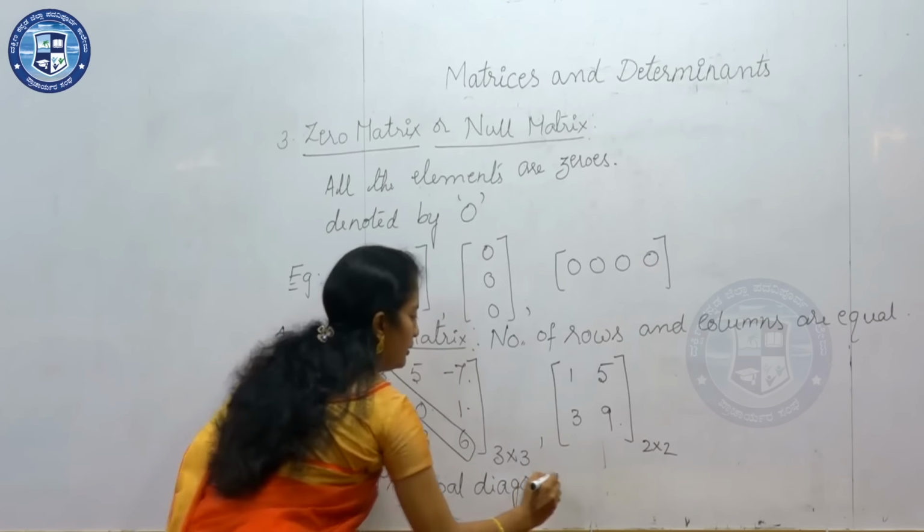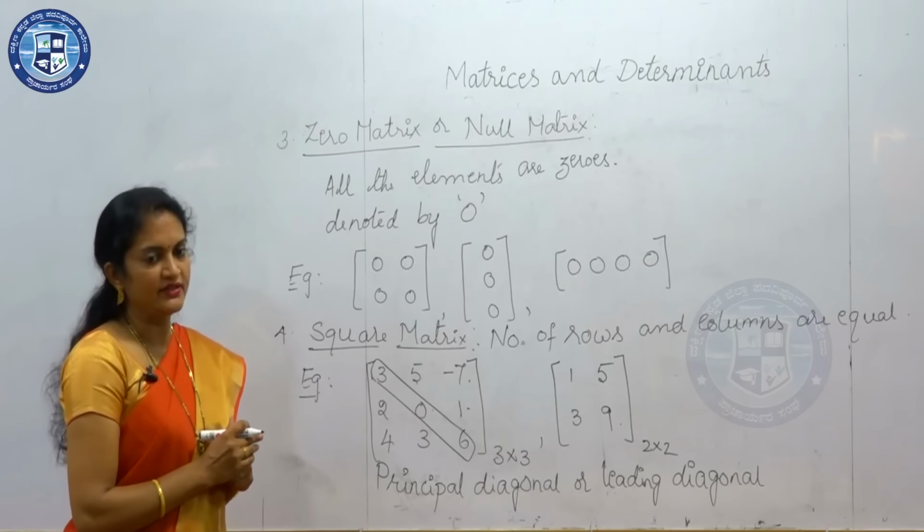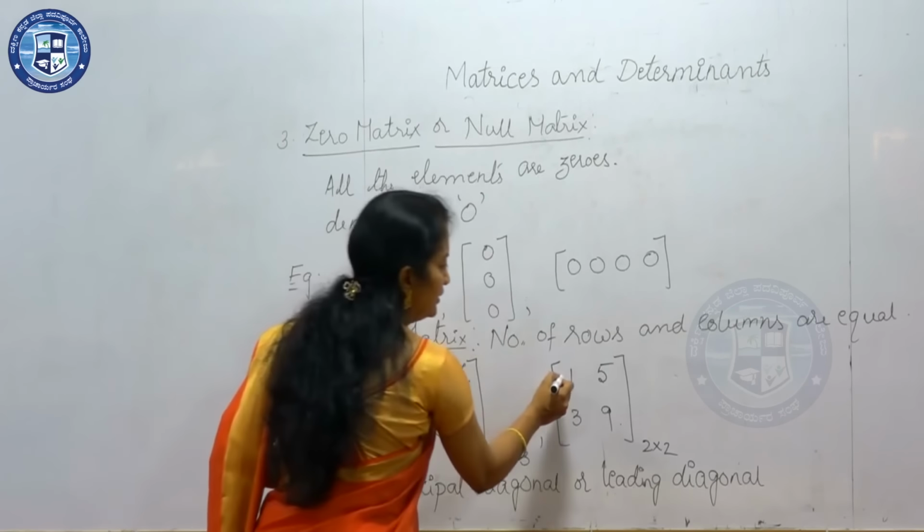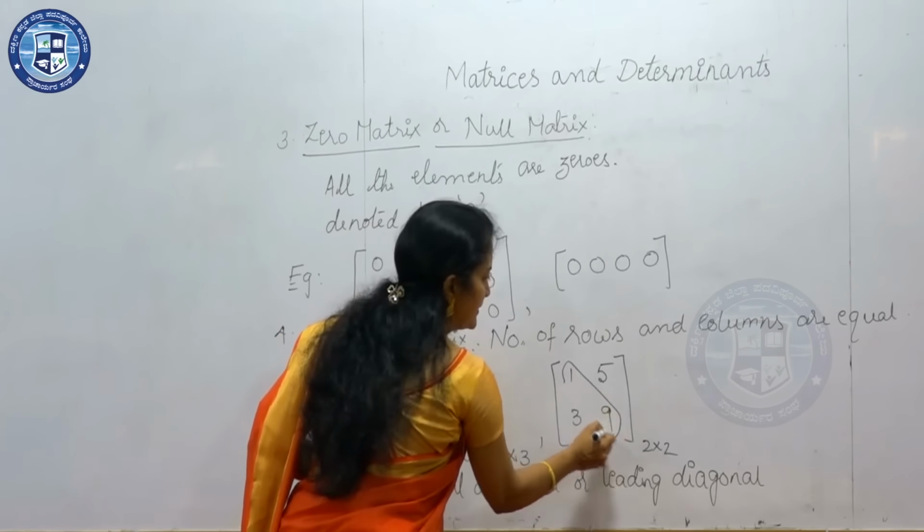Now here 3, 0, 6 are the elements of the principal diagonal. Principal diagonal will exist only in square matrices, not in any other matrices. In the second matrix, this is the principal diagonal and 1 and 9 are the principal diagonal elements.